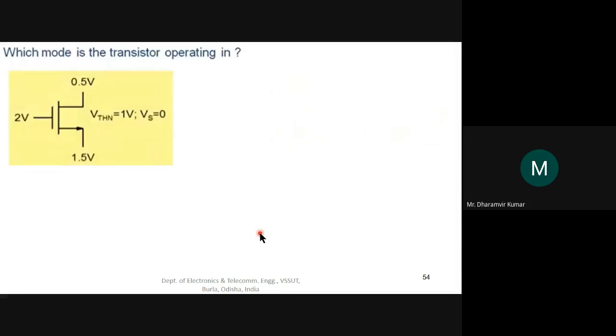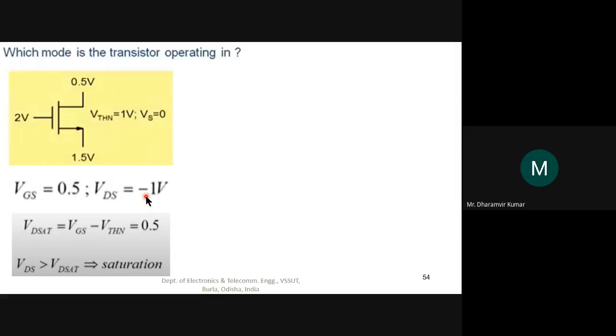Okay. This case, the device is off because VGS is less than V threshold. This is off. Okay. VGS is VG minus VS, 0.5. And VDS is 1.5 minus 0.5, 1 volt. Is it off?